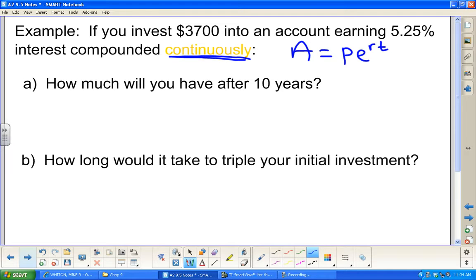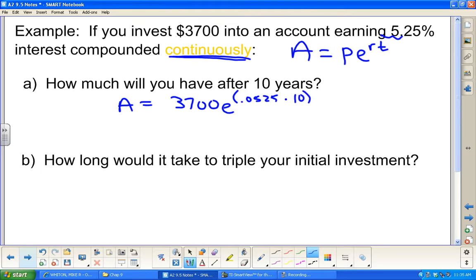Okay, so this part A should be very similar to what we did before. The amount is going to equal the principal times e to the r times t power. And just make sure the r is a decimal again, so the 5.25% decimal needs to slide over. It's going to be 0.0525 times t, how many years? 10 years.